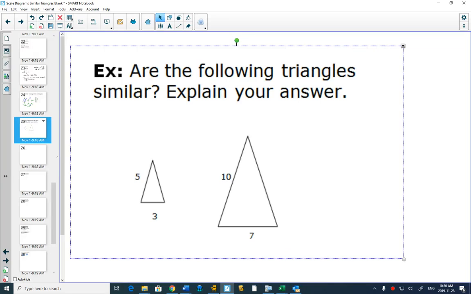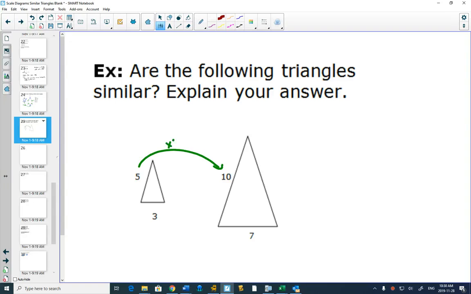Are the following triangles similar? Okay. Now, if you just looked at the shapes, they look and appear to be similar. But they're not because how do I go from 5 to 10? Times 2. And 3 times 2 is only equal to 7 if you make a mistake. Right?